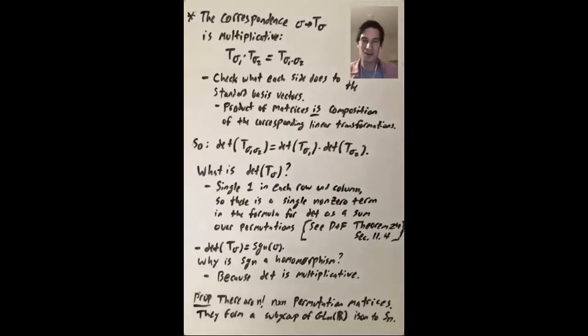Let's think about this correspondence where you start with a permutation sigma and you get a linear transformation T sigma. Or if you prefer, you could think about a matrix corresponding to T sigma. This correspondence is multiplicative. What does that mean?